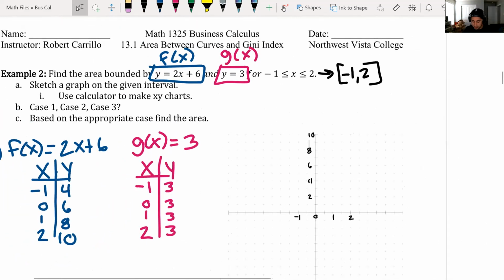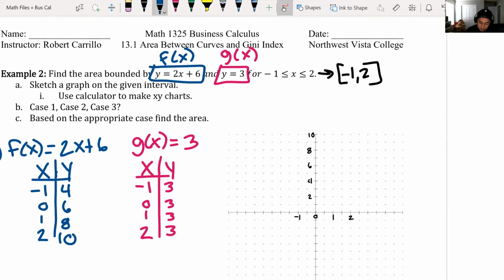Okay, and now let's graph using our XY charts. And first one, I'm at -1, 4. So right there. 0, 6. Right there. 1, 8. Right there. And then 2, 10. Right there. So here is f of x.